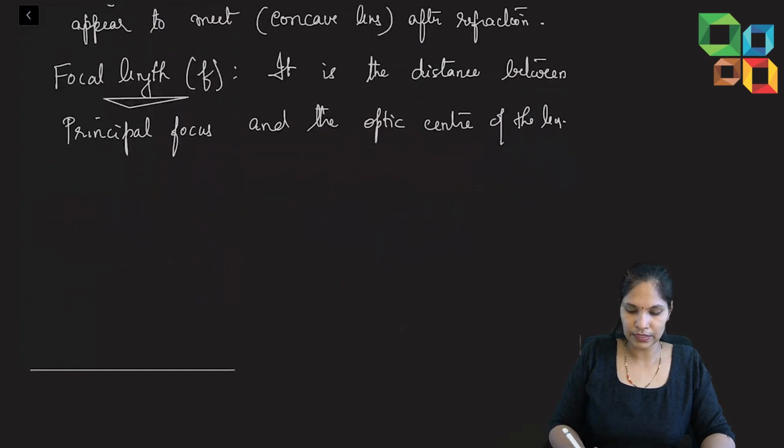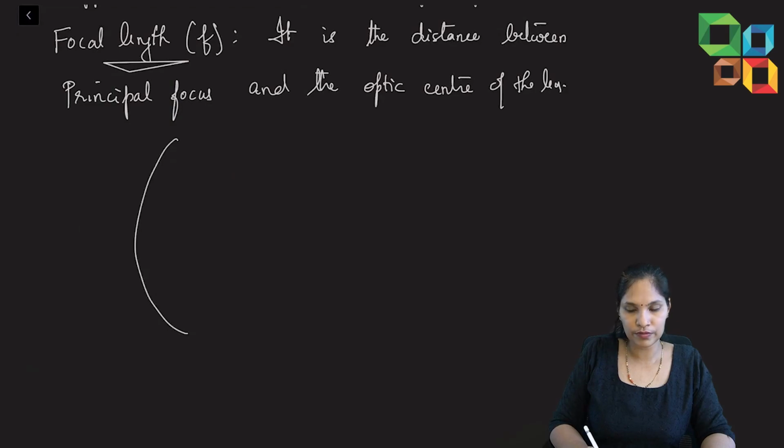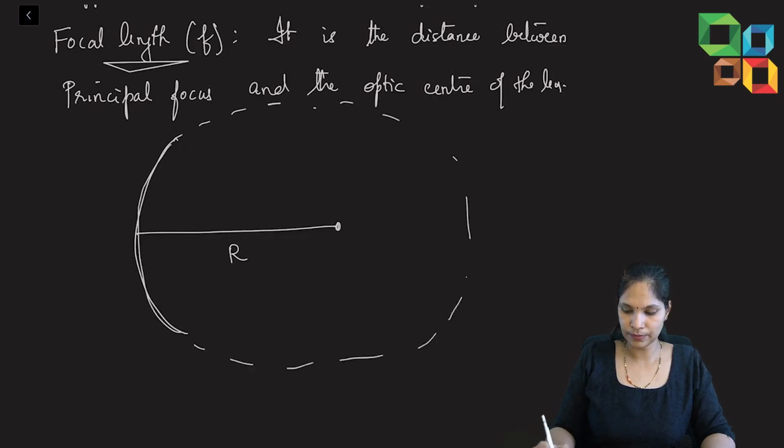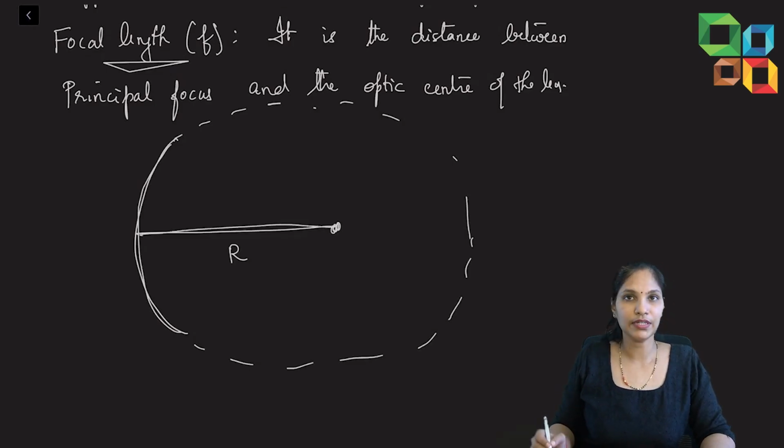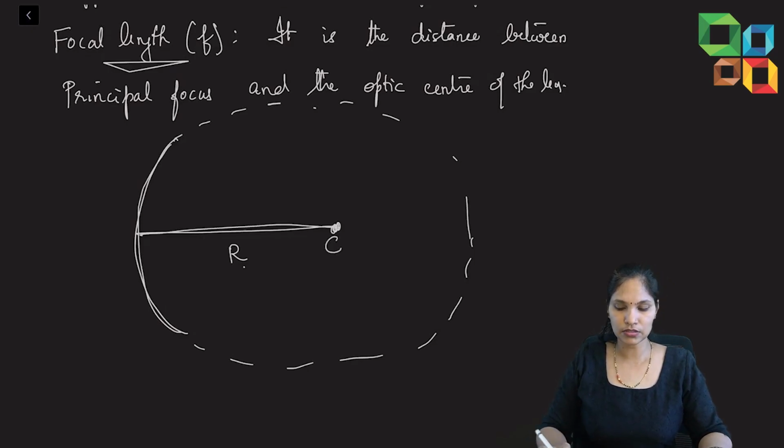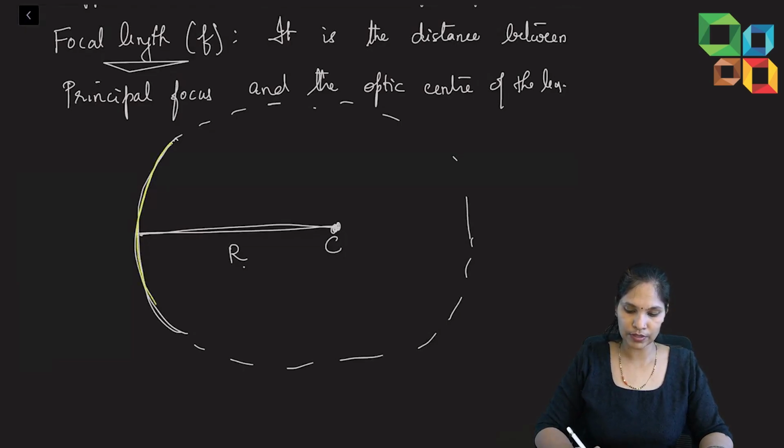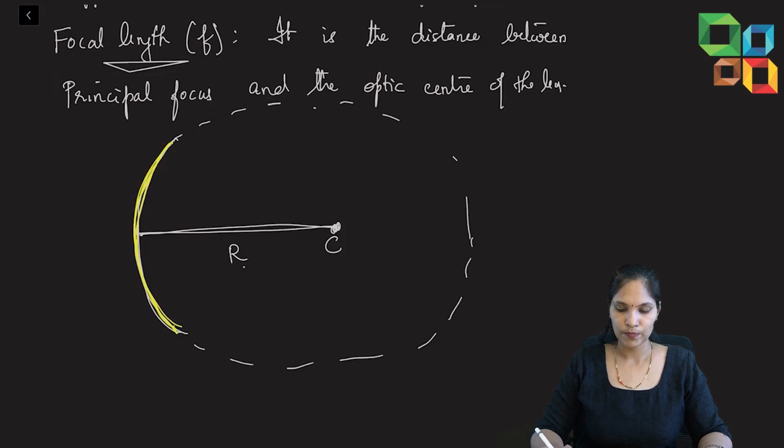If you have this surface, you have a radius of curvature coming like this to this center. See, this is actually a part of a sphere. So if I complete the sphere, then that sphere will have a center and a radius. The center we call the center of curvature, and the radius of that we call the radius of curvature. So this is the part of that sphere which we are using here. One part of the lens it is.